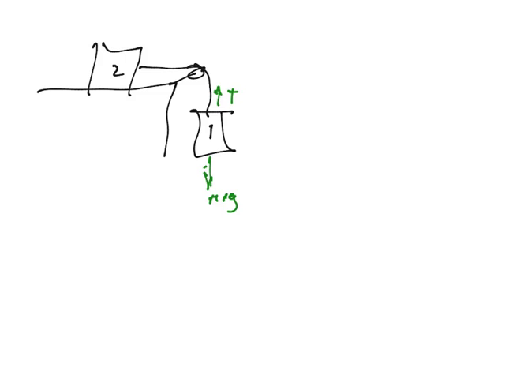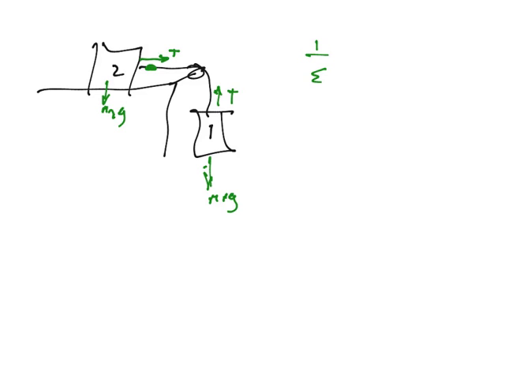What would block 2 have? Well, block 2, his M2G is downwards, but I know block 2 is not going to move down. Block 2 is going to move left and right. His tension, here's the rope right here, so his tension is trying to pull him to the right.